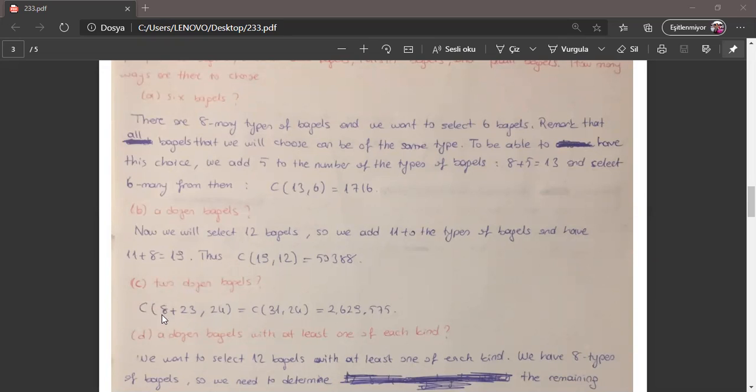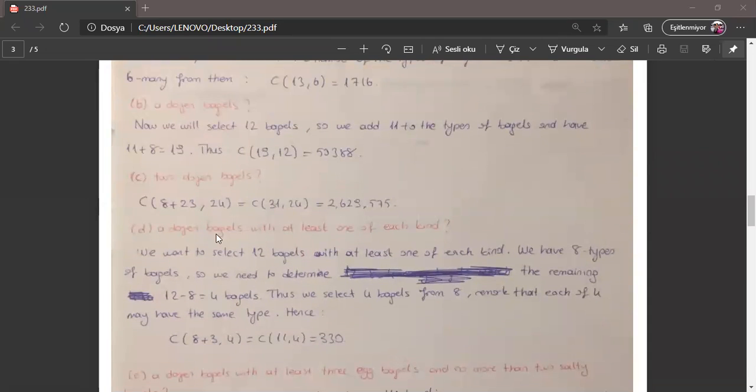Again, we had before 8 types. Now we add 23, so we get 31, and we choose 24 among them, so we get this number. In the exam, you don't have to compute these if you don't have a calculator, so don't mind these. It's enough to write that part.